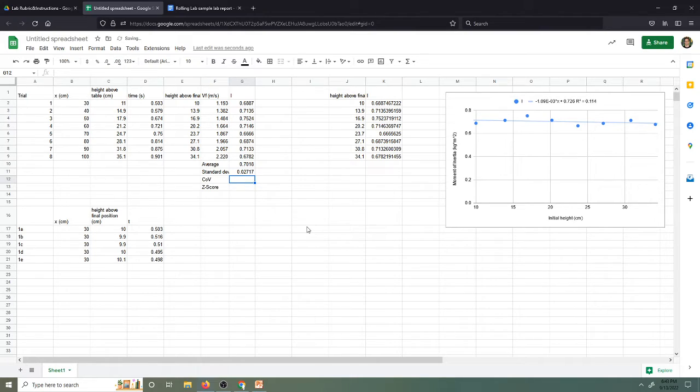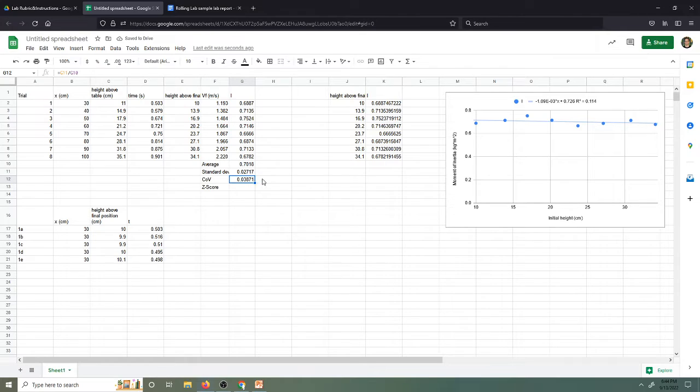Now we need the coefficient of variance. The coefficient of variance is calculated by taking the standard deviation and dividing it by the average. So equals standard deviation divided by the average. There we go.